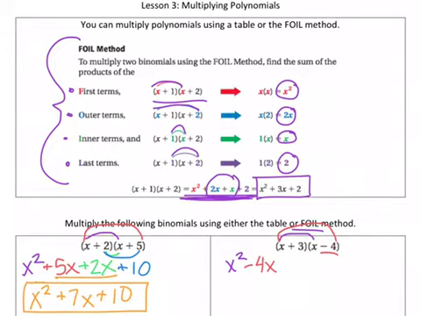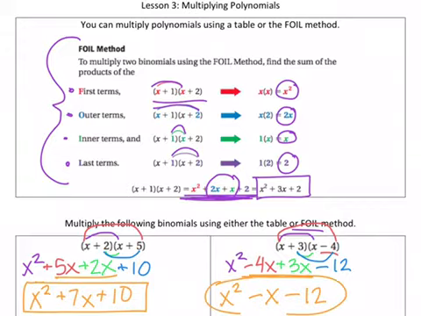Then we have the inner, and that is 3 times x, which is positive 3x. Then we have our last, which is 3 times negative 4, which is negative 12. Now we again go ahead and combine our like terms. And so we have x squared, negative 4x plus 3x is negative 1x. And then you bring your negative 12 down, and that is your answer.